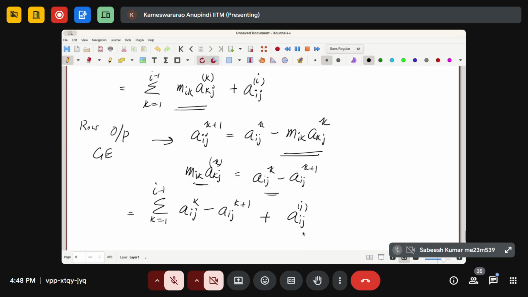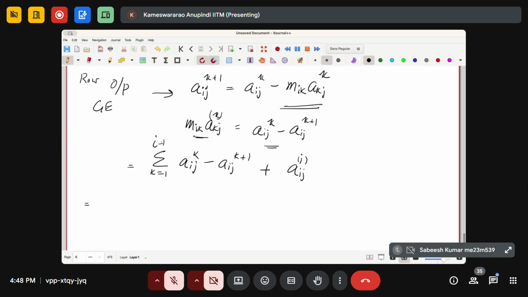Okay, what does this mean? This means that k runs from 1 to i minus 1. So if I were to plug in 1 here, we're going to get a_ij^(1) minus a_ij^(2).